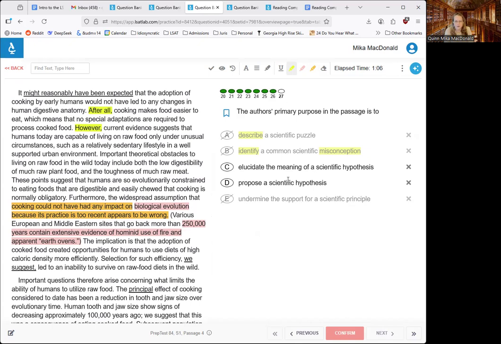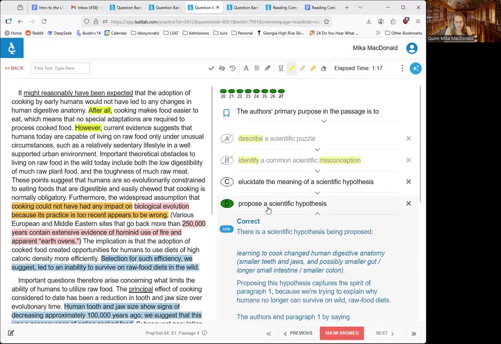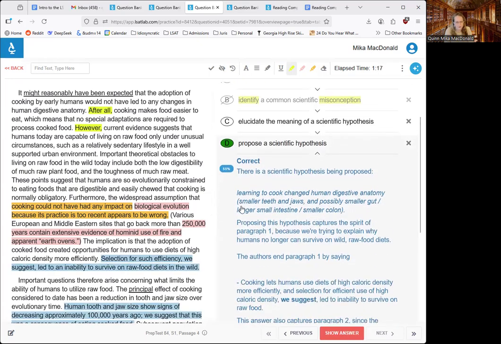And then I go, okay, was my author trying to be persuasive? Yeah. Elucidate is explain, right? Elaborate. Propose. Now that is a persuasive author description. And so I choose D here. Again, this is a 5-star question, 55% correct answer rate.